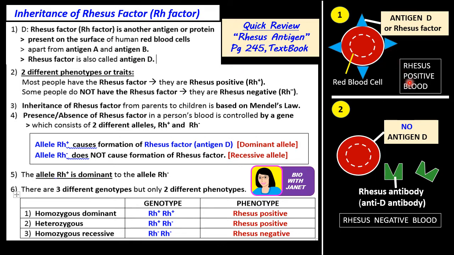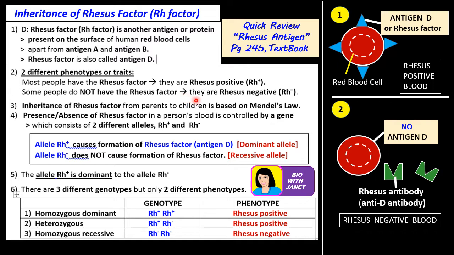Okay, so some people have the rhesus factor, they are rhesus positive, or the short form is Rh positive. Okay, so not everything positive is bad. Like when you have tested your blood, you will have a card which says rhesus factor antigen D positive. It doesn't mean it's bad, and it doesn't mean that it's good. It's just that it's different from a person who does not have the rhesus factor.